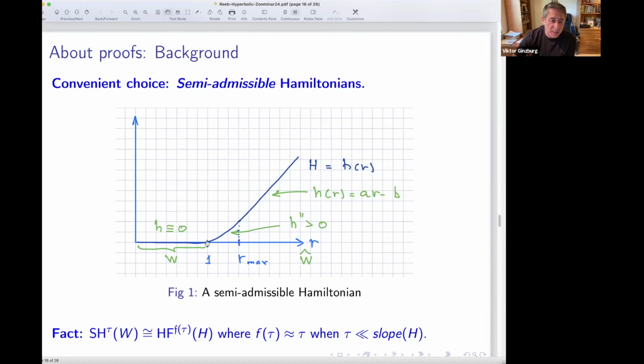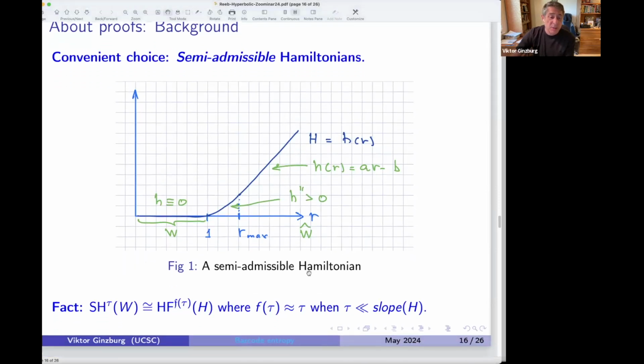Then they are strictly convex up to a certain value of the parameter, which depends on the Hamiltonian, and then it is a linear function of the parameter, ar minus b, and we will refer to this a as the slope of the Hamiltonian. The good thing about this class of Hamiltonians is that they actually capture the symplectic homology.